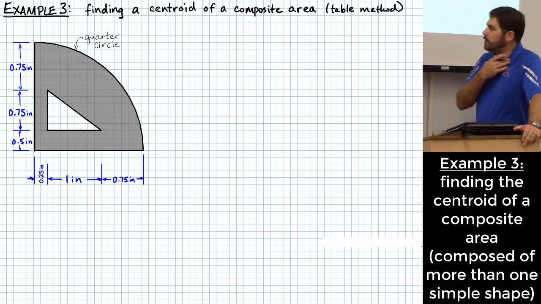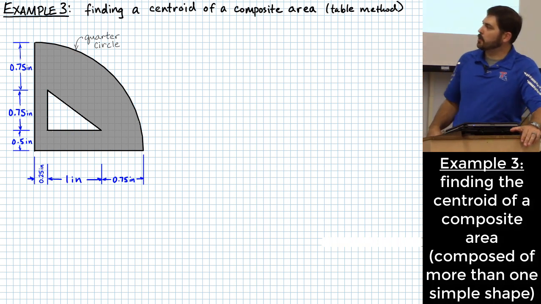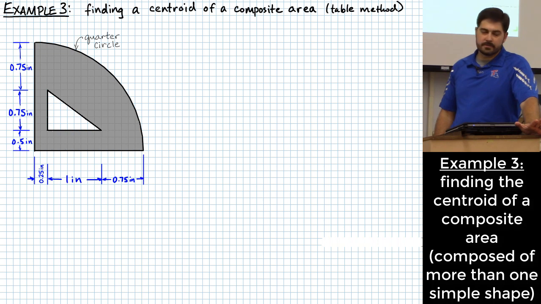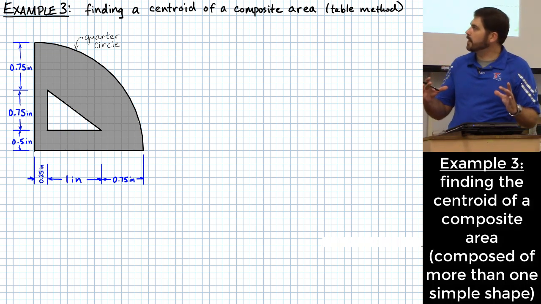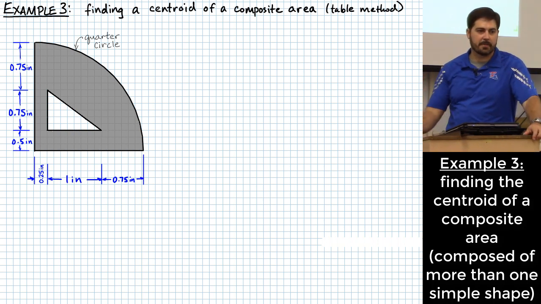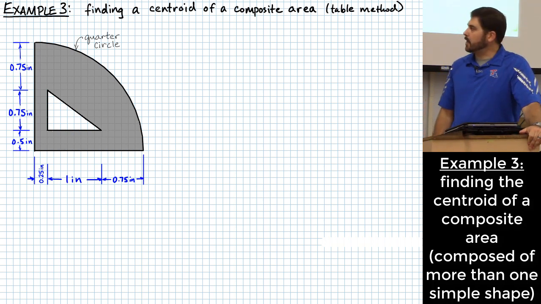What if I want to figure out the centroid of a shape like this where it's a quarter circle with a triangle cut out of the middle of it? And that composite shape, right, that's what we call that. Composite shape is basically a shape made up of adding and subtracting other common shapes. Right? How do I figure out where the centroid is of a shape like this?